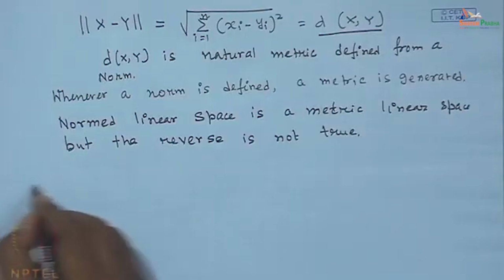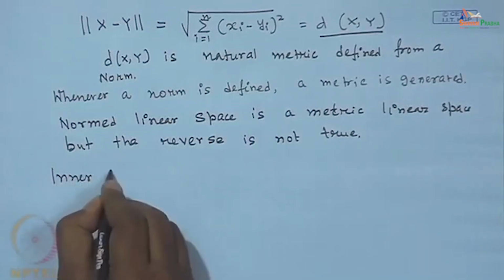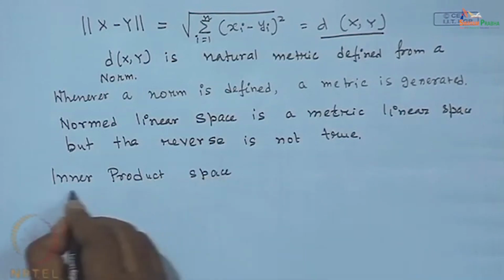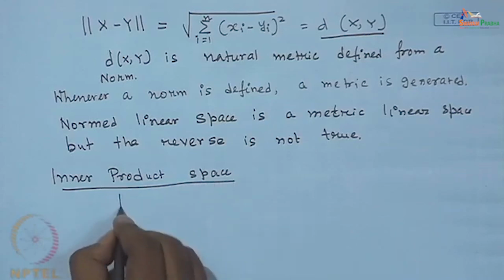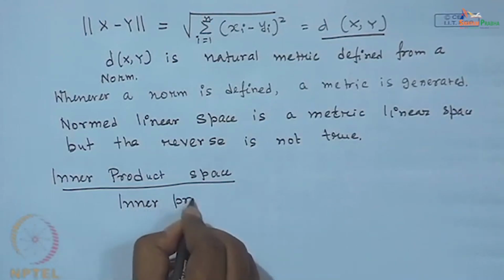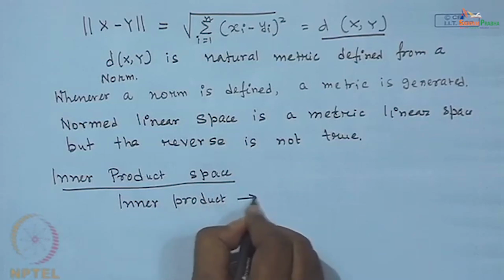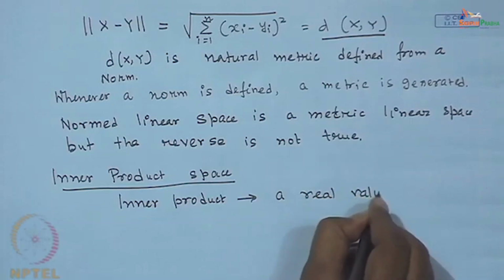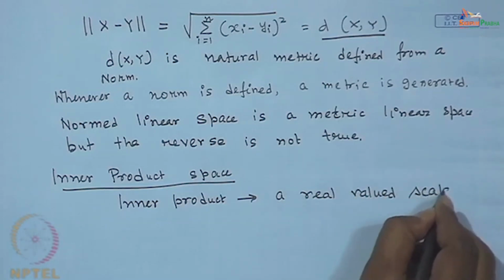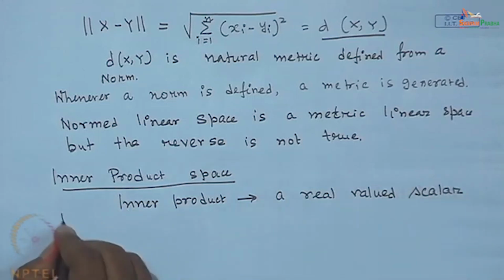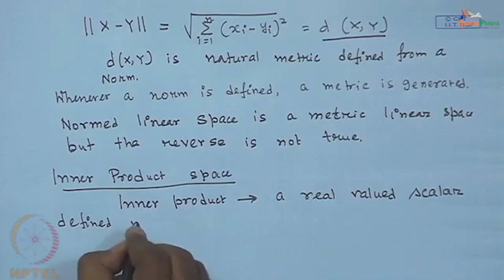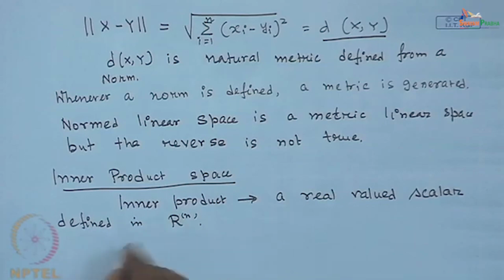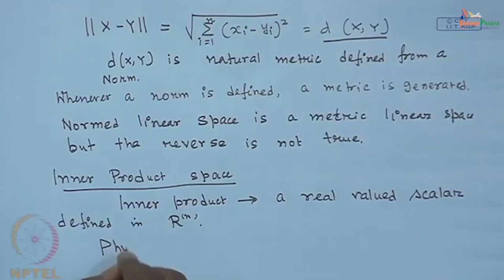Next, after linear vector space, we talk about the inner product space. Let us look into the definition of inner product. Inner product is again a real valued scalar defined in n-dimensional real space, and what is the physical significance of inner product?